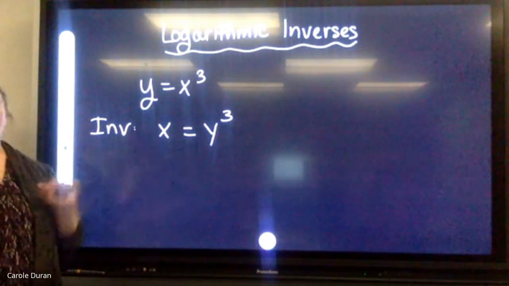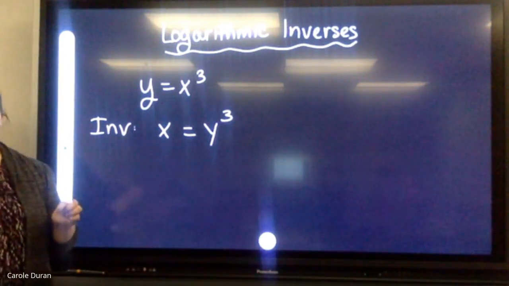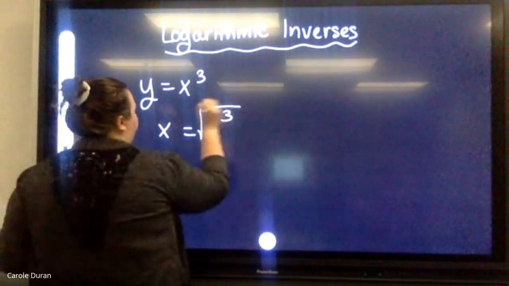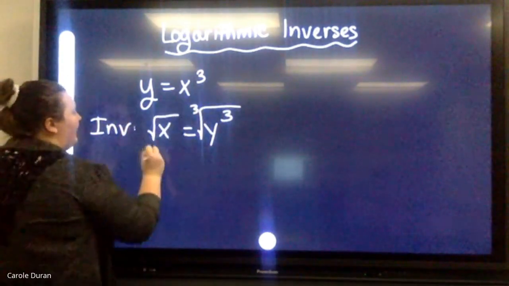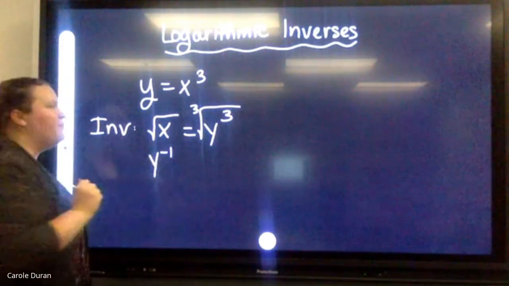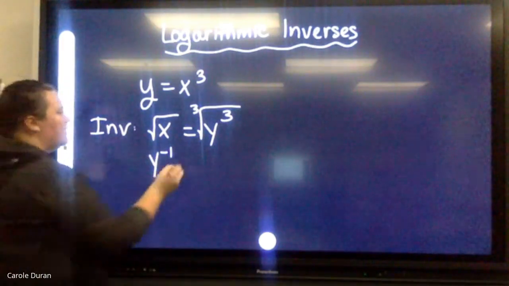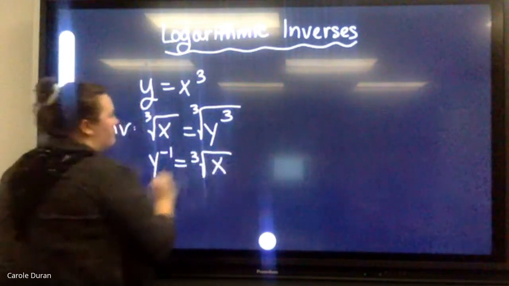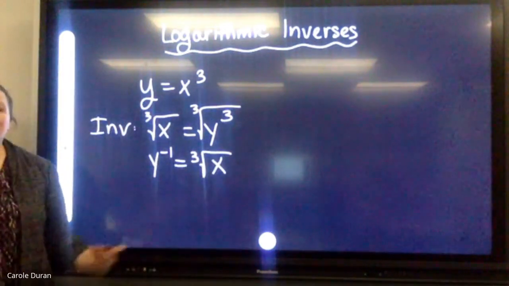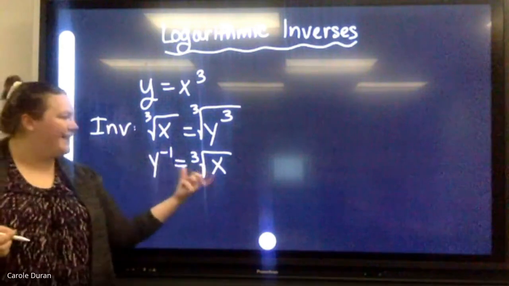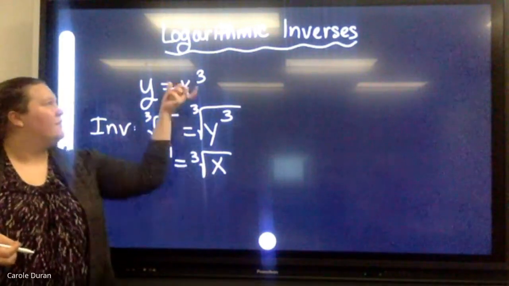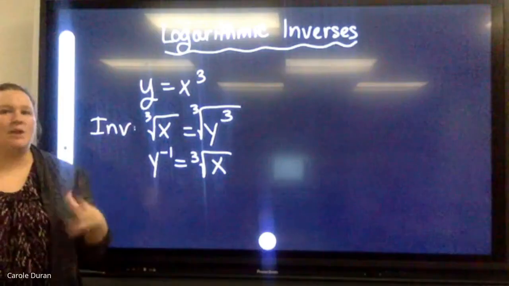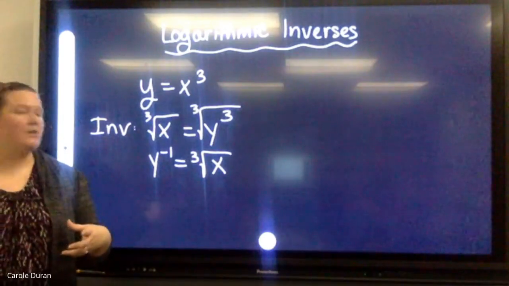So how would I get y by itself in this one? Cube root it. So when I do that, I get y to the negative 1, because that's what inverse is, equals the cube root of x. This is interesting because if I plug in cube root of x for x, it's going to undo the cube that's happening there. That's the whole point of an inverse.